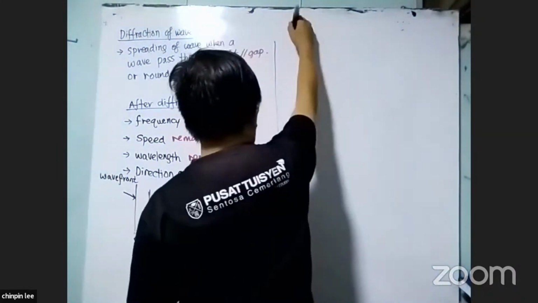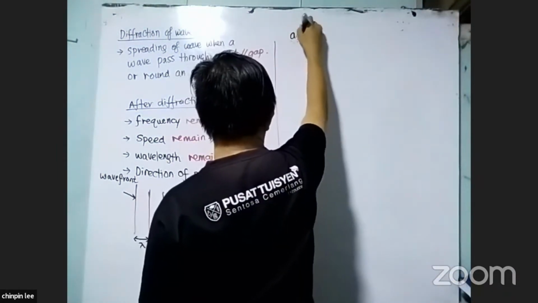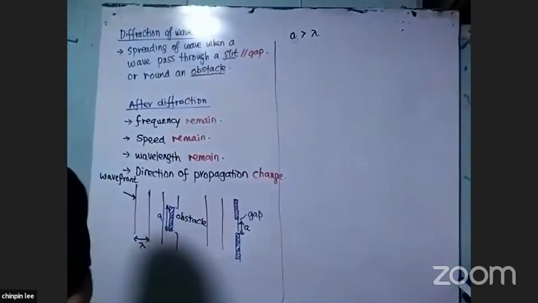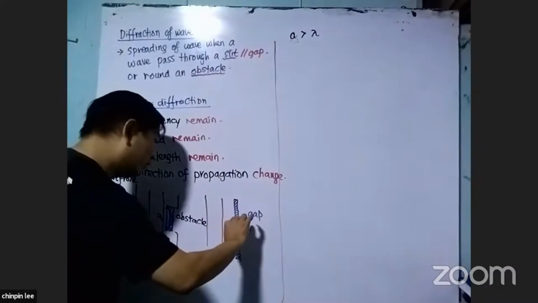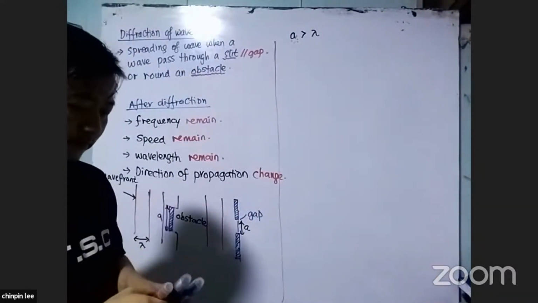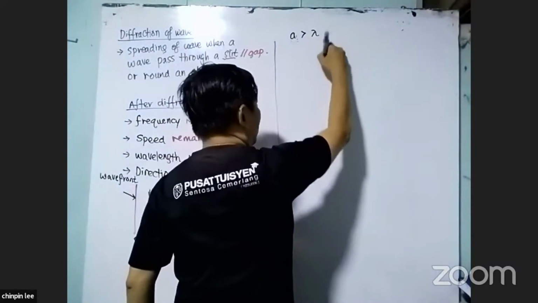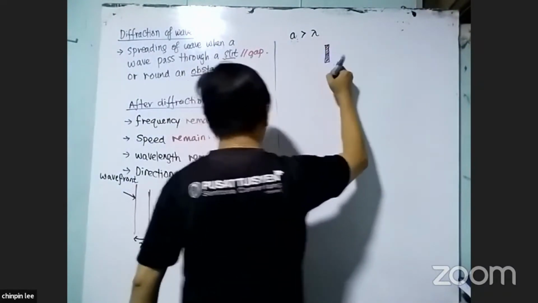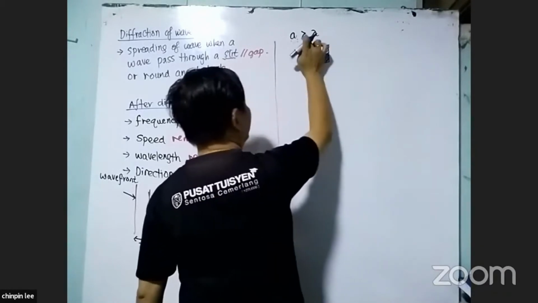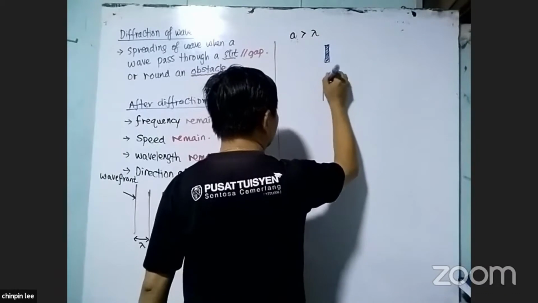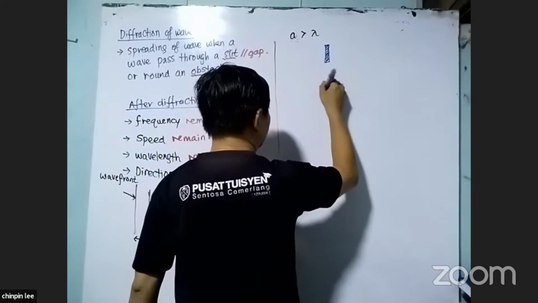If A is bigger than lambda, in this case we are going to study when the opening is big. I'm going to use the gap first. When A is bigger than lambda, it means the size of the opening is big.